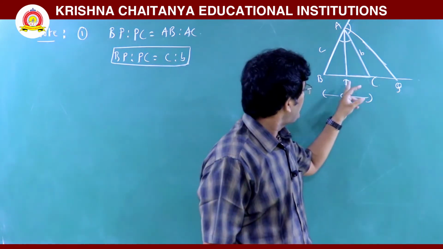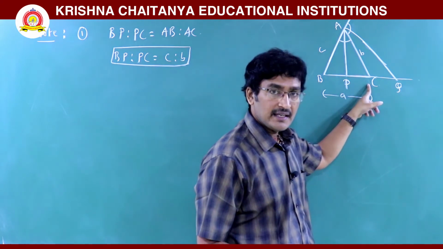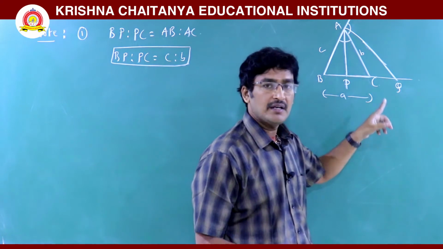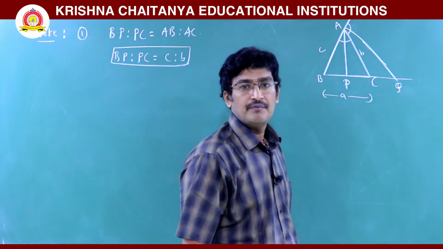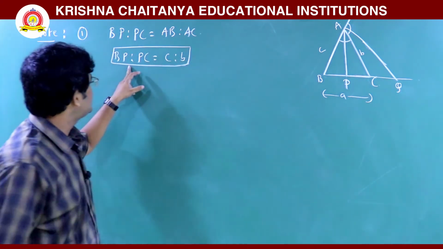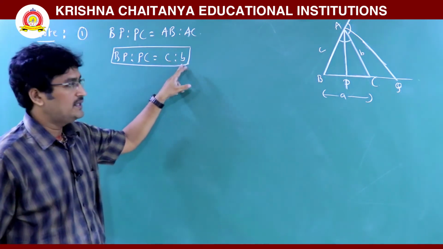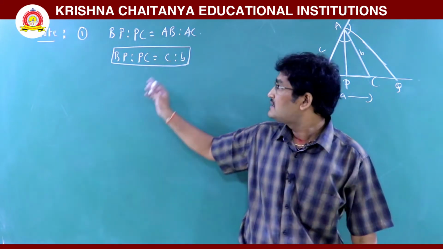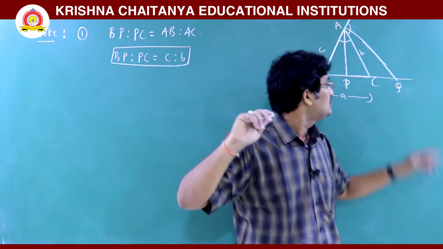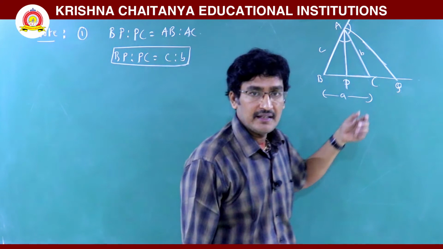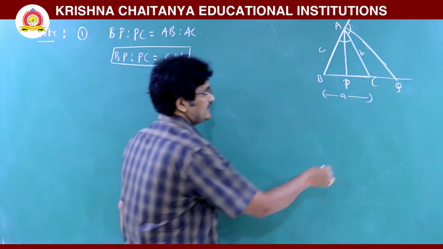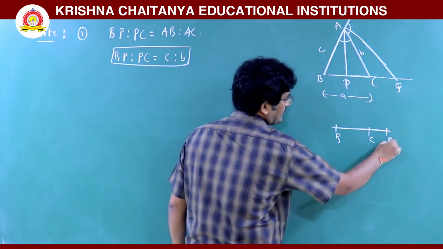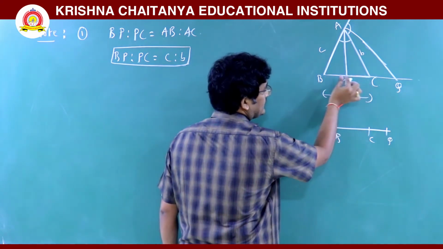That means the point P divides BC bar internally, then the point Q divides the same BC bar externally with the same ratio, c is to b. So we have to say that Q is along the line BCQ.